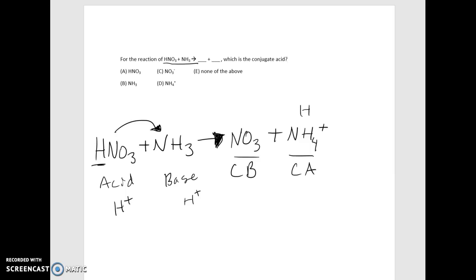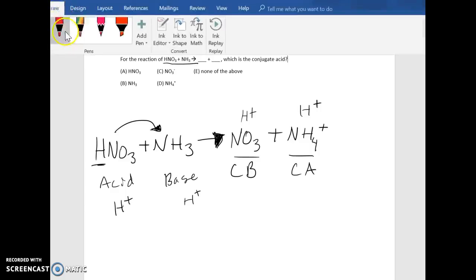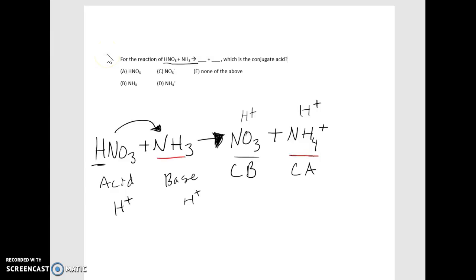So this was the one that accepted the proton, and this was the one that donated the proton. So our answer is D, NH4 plus, ammonium. Thank you.